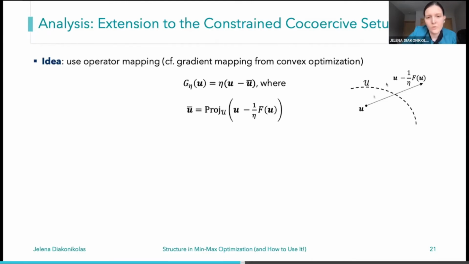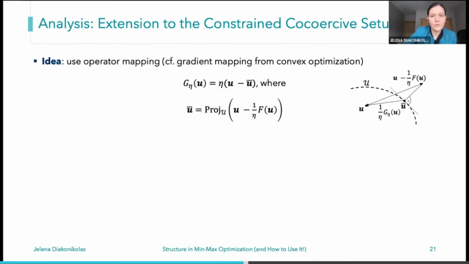If you were to take a step that looks like this, which is similar to a gradient step, and you stayed in the feasible set, the gradient mapping would be the same thing as your f. If you stepped outside, then you project back, and this gives you the equivalent step that remains within your feasible set. Just think of it as a generalization of a gradient step.